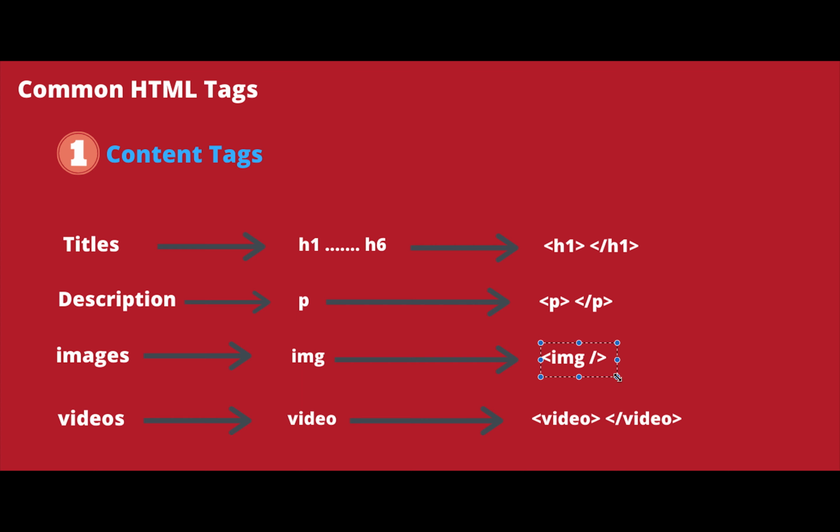I'm going to talk about self-closing tags, and you will understand that with images and some extra tags, we do not need to close the tag. Instead, we are going to do something like this, which is called self-closing tags. These are the tags that don't require us to give them a closing tag. That's why we add the slash here, so it is called self-closing.